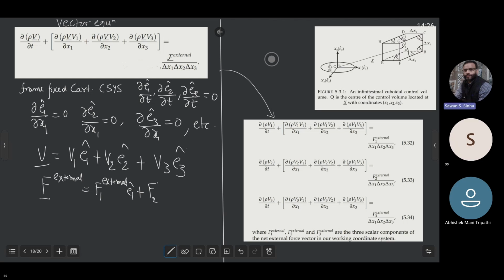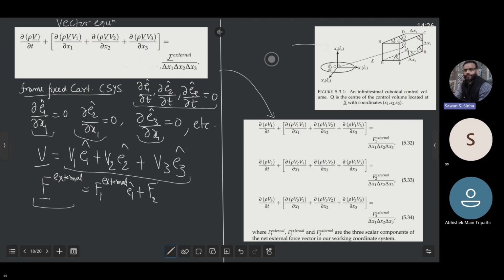So my working coordinate system is a frame fixed Cartesian coordinate system right here. And also I keep this in mind, that the unit vectors of a frame embedded Cartesian coordinate system will not change with time. I know that. They will not change with any of the spatial coordinates either. And I write V in this form, V1 E1, V2 E2, V3 E3. And I write F external as F1 external E1.